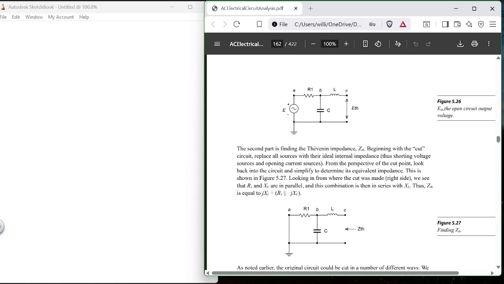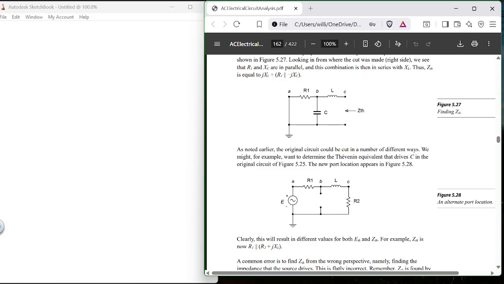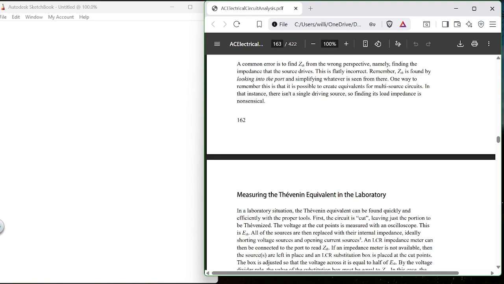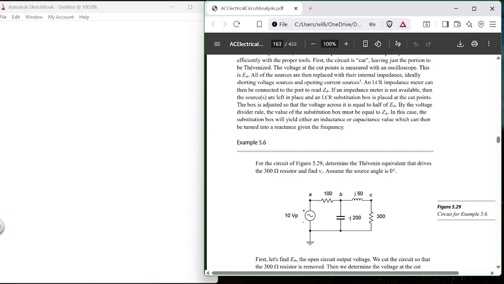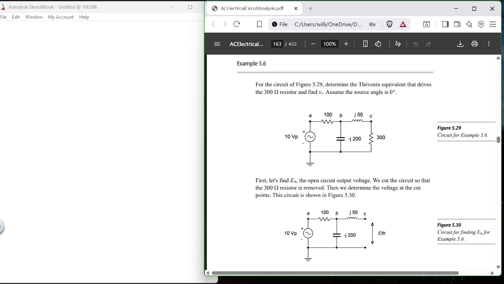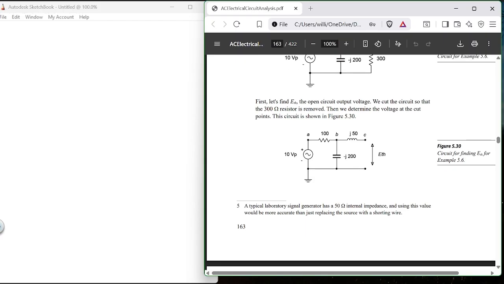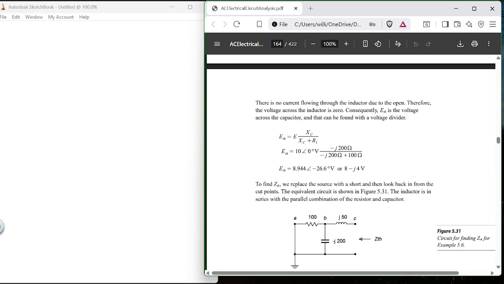Now you can do this anywhere in a circuit. You can cut out any component. You do not have to cut out the component on the right. You can cut out a component in the middle. It doesn't matter. And like I said the other day, you can actually do this measurement in a laboratory and you'll get the exact same result. Why is it hard to do in a laboratory with components like this?